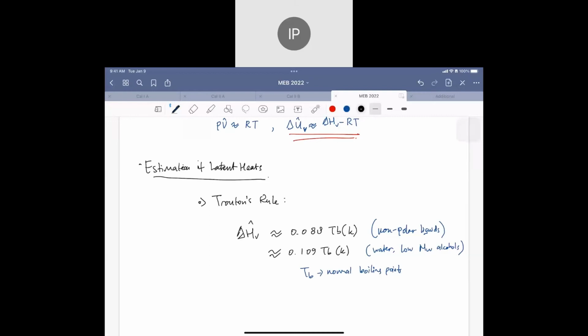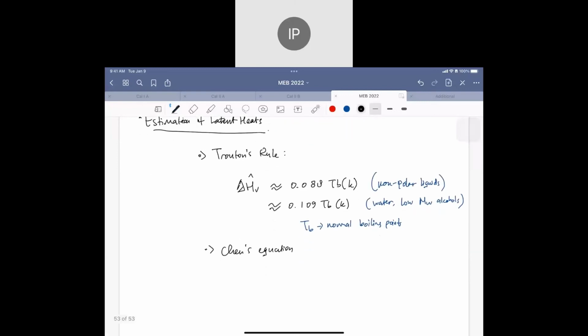And another equation is called Chen's equation. Chen's equation is basically for checking the heat of vaporization with some long methods, and it's using the normal boiling point and also the critical temperature.